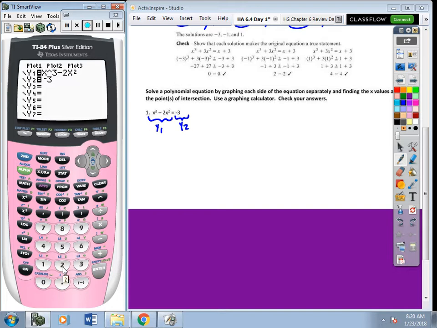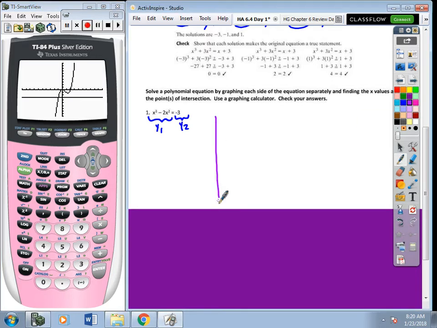And then we of course want to reset our graph to be like a normal zoom 6. And if you want, you could even sketch this down on your notes just to have an idea when you look back at your notes and you're trying to figure out how you did this problem.